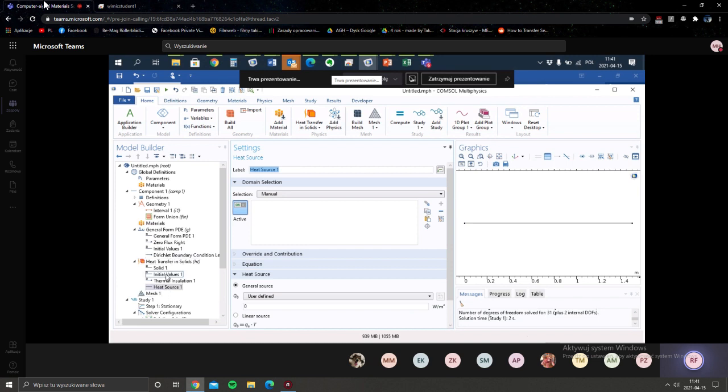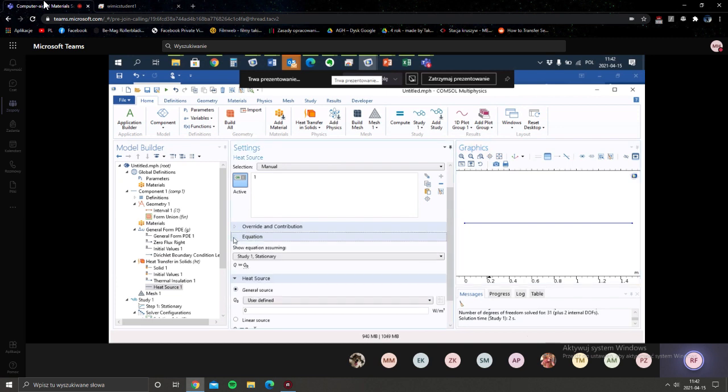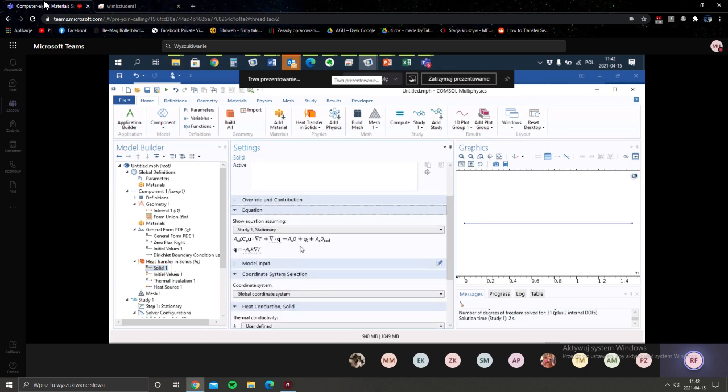And heat source is added, and now for this heat source, we must provide the information about the domain. So right click on our domain, and now you can see this heat source is this Q, and in the equation this Q is Q0. And let us go back to solid 1. What is Q here in the equation? Q is just this part here. So this is one of the possible sources in this model.